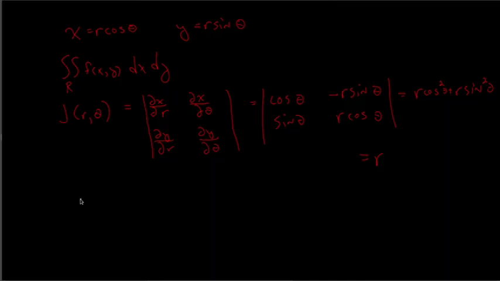So our function over the region will become the function of r cosine theta, r sine theta, r dr d theta. And this is the argument that we got for polar coordinates.